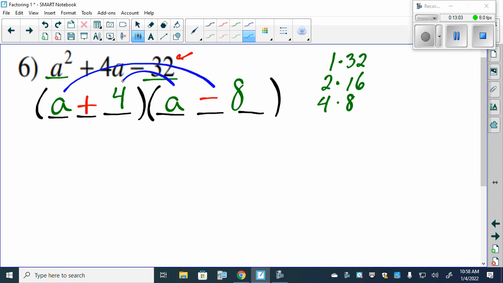Now if we check the other ones, a times negative 8 is negative 8a. 4 times a is plus 4a. And negative 8a plus 4a is negative 4a. Is that the middle term that we wanted? No. Is it the correct number, though?